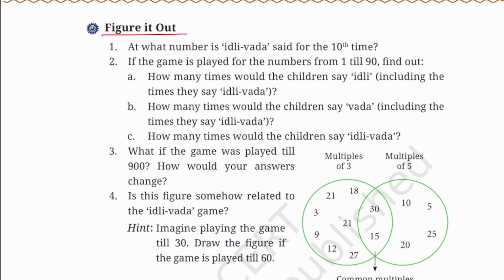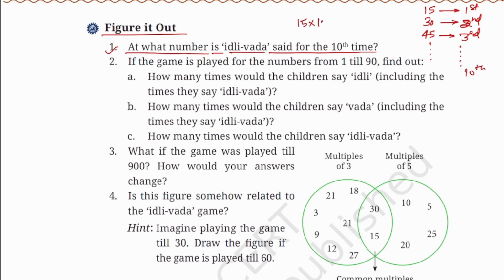Figure it out. 1. At what number is idli vada said for the 10th time? For the first time on 15, for the second time on 30, third time on 45, similarly on the 10th time, that is 15 multiplied by 10.